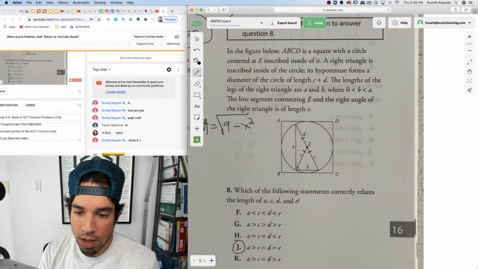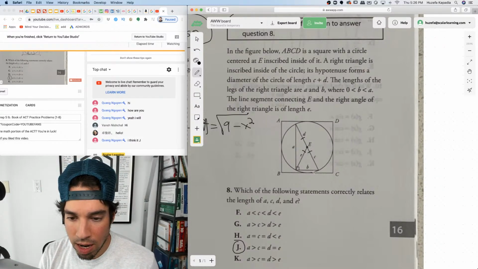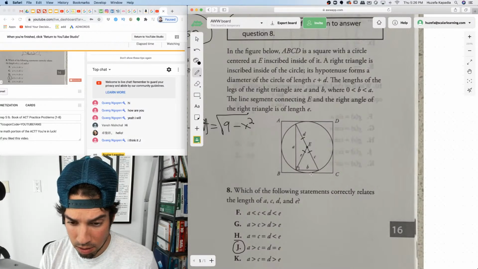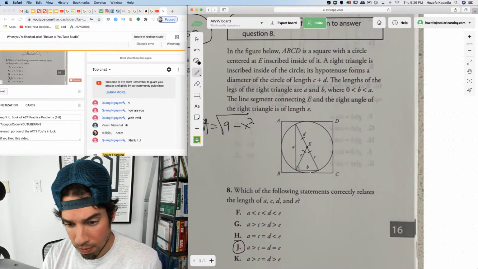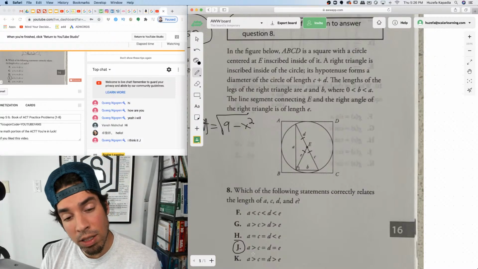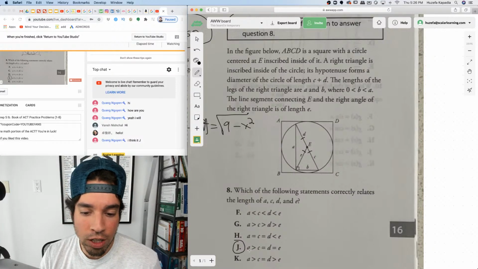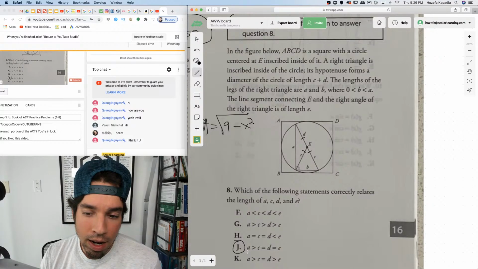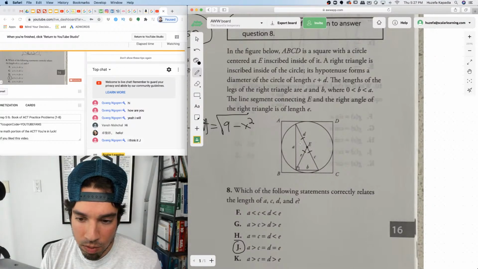This angle is definitely bigger than that angle because A is bigger than B. I know that. Okay, I'm just going to roll with J. Let me look at the answers. I know that J is right. I'm just trying to figure out why I can definitively say A is bigger than C. I can't figure out a rationale.